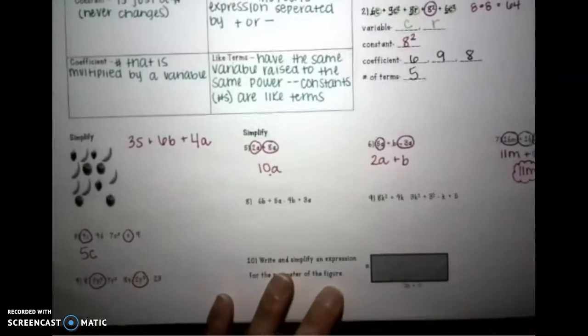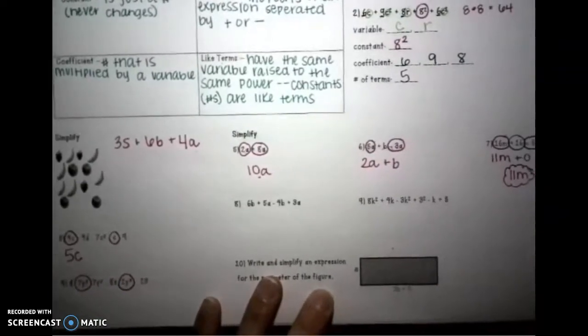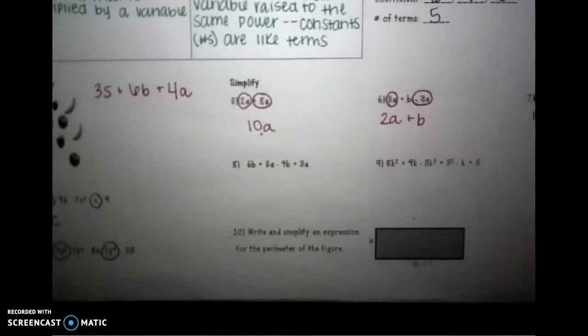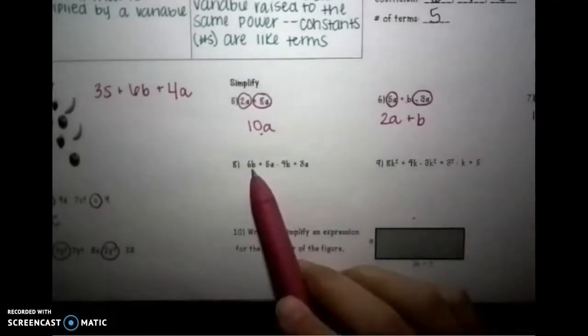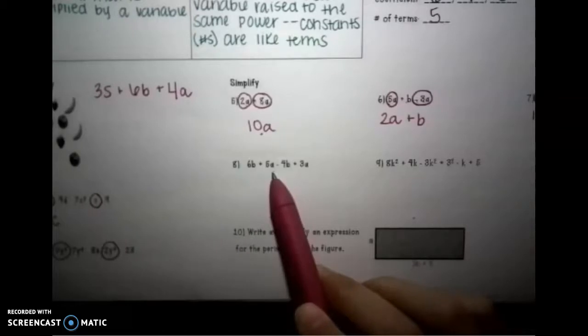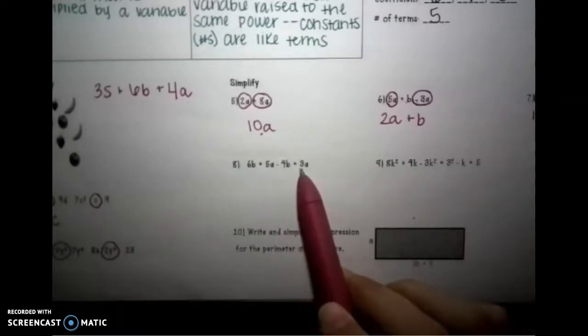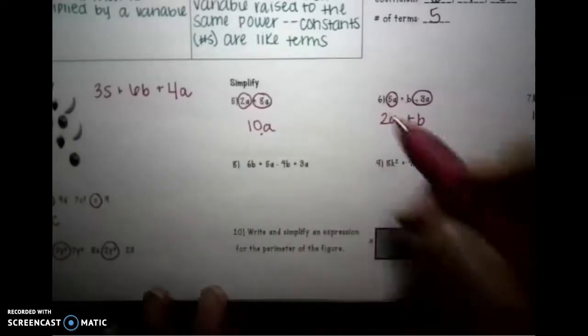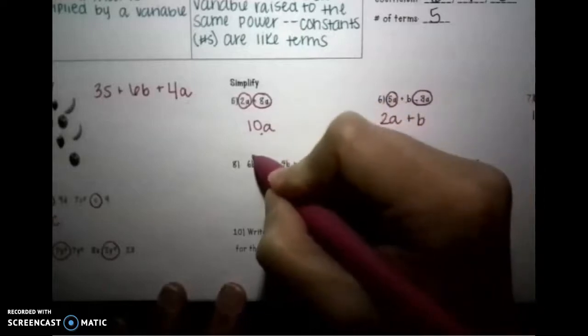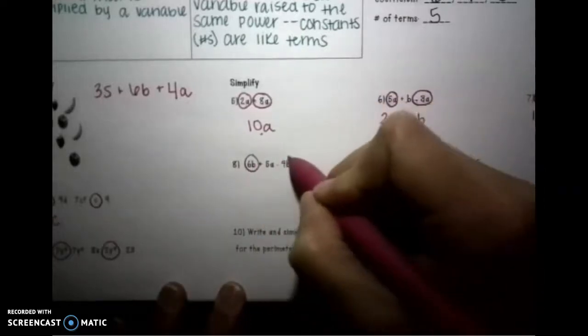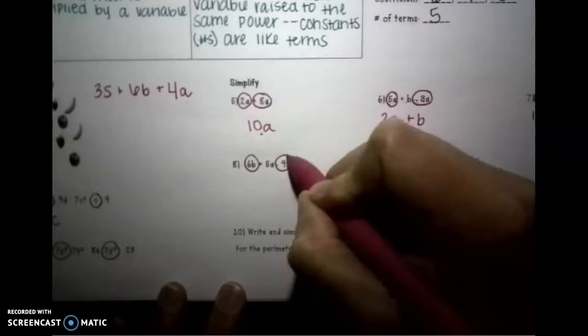All right. So number 8. Let's get this zoomed in just a little bit more. All right. Number 8. We have 6 bananas plus 5 apples minus 4 bananas plus 3 apples. Okay. So I have 6 bananas, and I'm going to combine that with my taking away of 4 bananas.